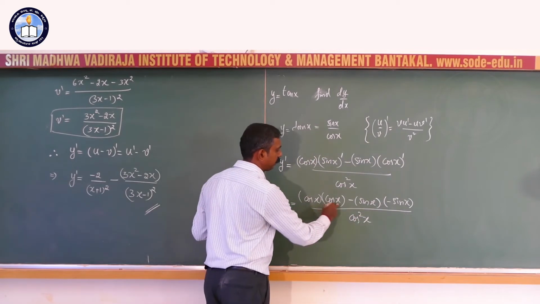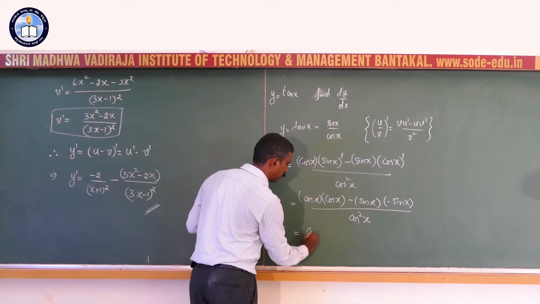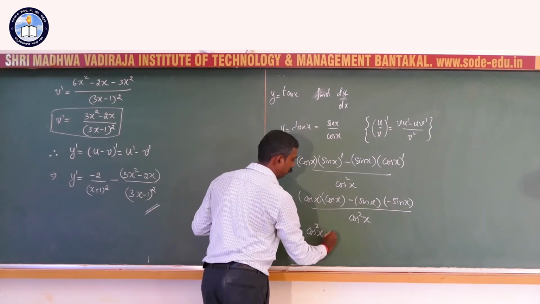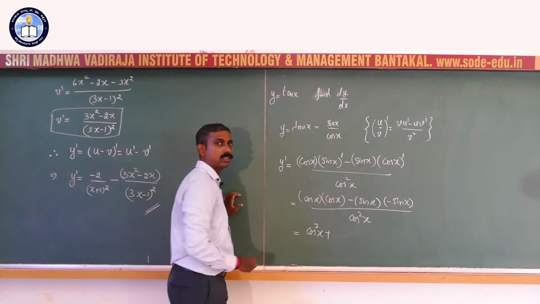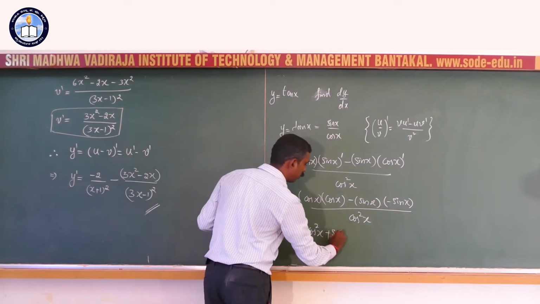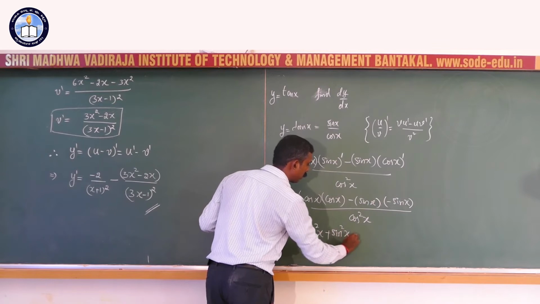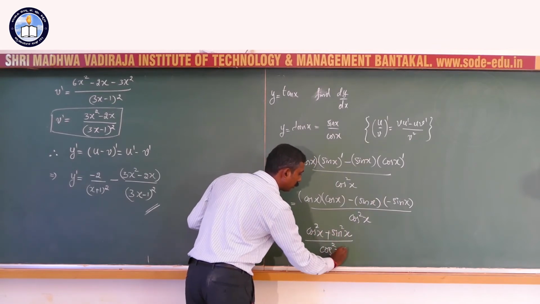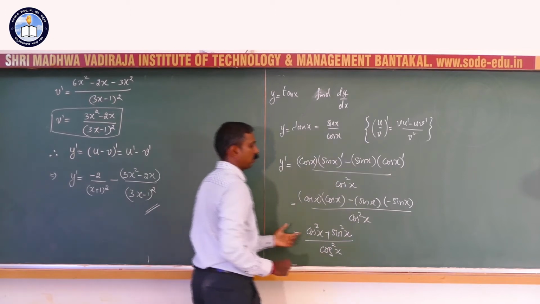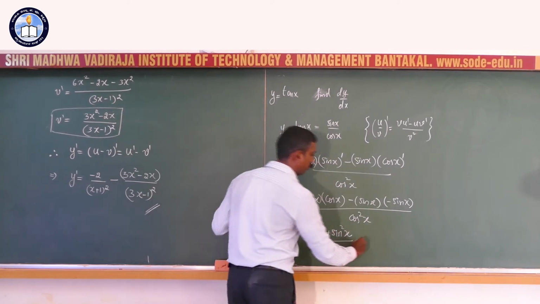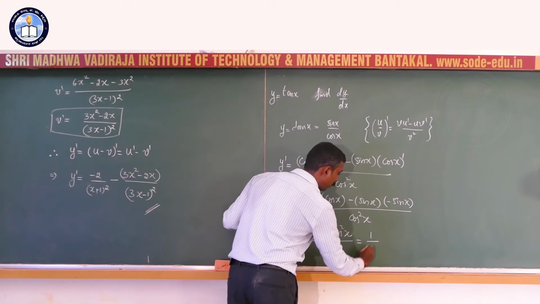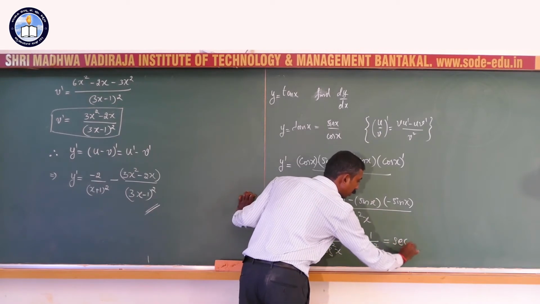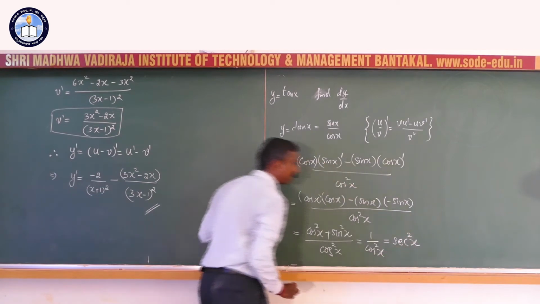Now, you see that this is cos x into cos x, which is nothing but cos square x, minus into minus becomes plus sin x into sin x. So, it will be sin square x divided by cos square x. What is cos square x plus sin square x? It is equal to 1, divided by cos square x, which is nothing but secant square x.